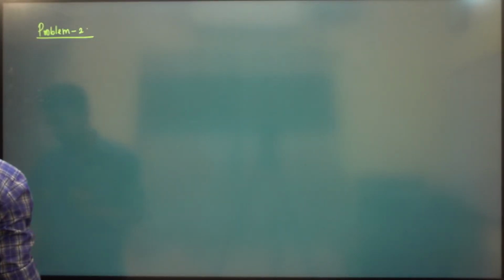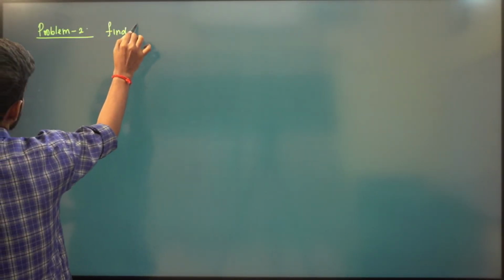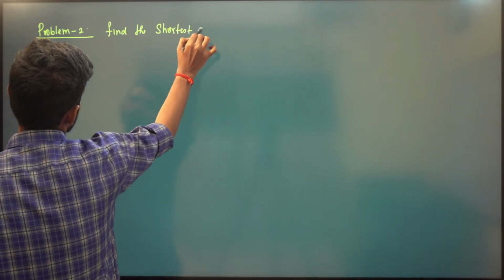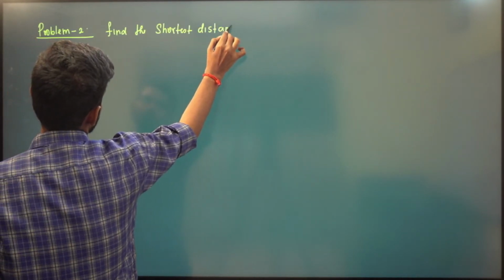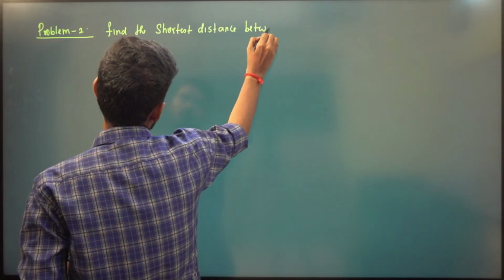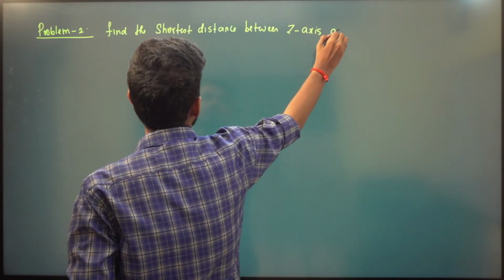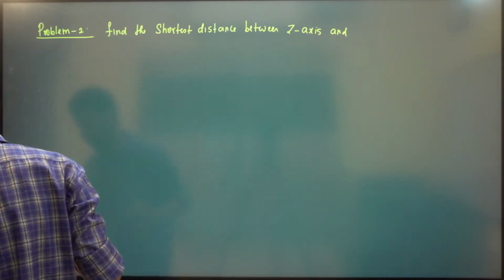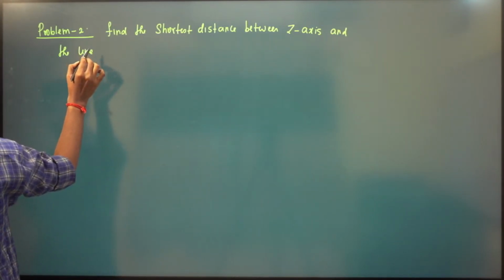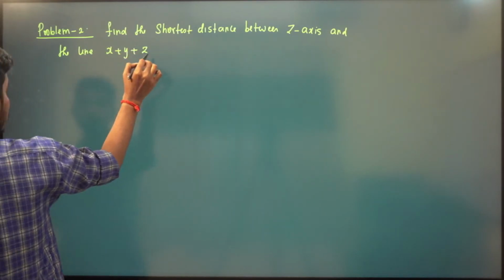Problem 2: find the shortest distance between the z axis and the line x plus y plus z.